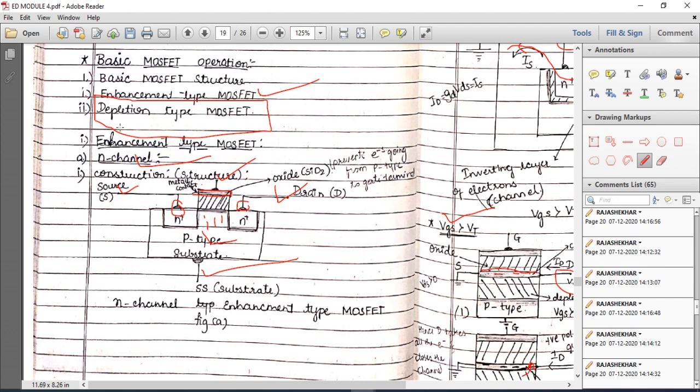Similar to the enhancement type MOSFET, the only change is that in the depletion type there is a channel already present. In the enhancement type, once I give the external voltage, it will create a channel. But in the depletion type, the channel is already there. We only have to select proper voltages between drain, source and gate to operate and to obtain the maximum current. That we will discuss in tomorrow's class.